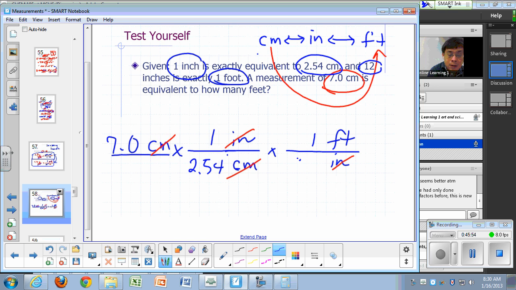So 1 foot is 12 inches. And so what does this give us? Someone figure it out on a calculator, please. What is it?